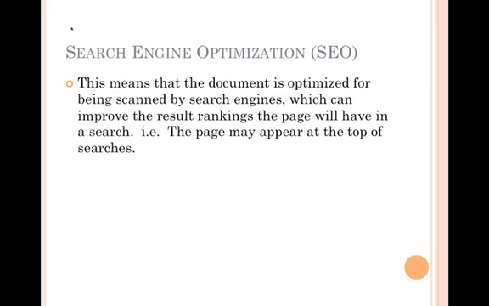A term you may hear sometimes on the internet is search engine optimization. Search engine optimization means that the document is optimized for being scanned by a search engine so that when people go to, let's say, Google and search for something that may be on your web page, your page will appear higher in the search results because the page itself is constructed in a way that the search engines can better understand what your document contains and how it relates to the person's search terms.